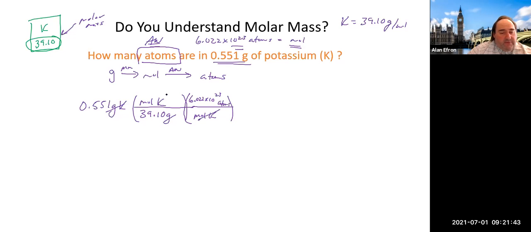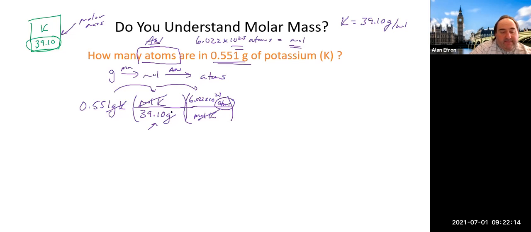That way the moles will also cancel, and that will leave us with just atoms that are left at this point. We're basically going to multiply everything up on the top and then come back and divide by what's on the bottom. And that basically means that we're going to take 0.551 times 1, basically, times 6.022 to the 23rd. We again want to make sure that we are using our exponent button when we punch that in.